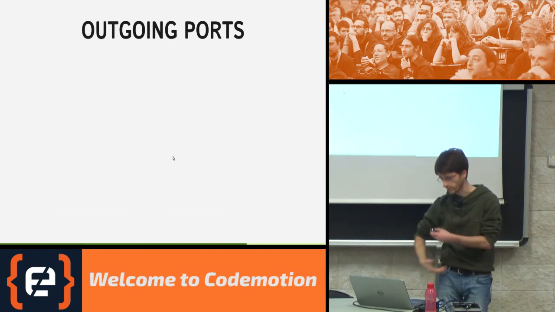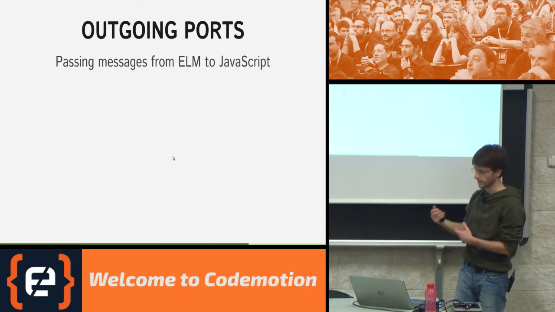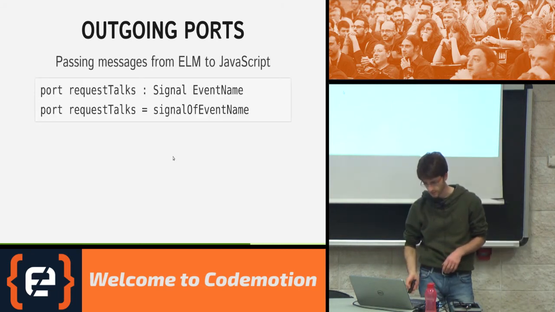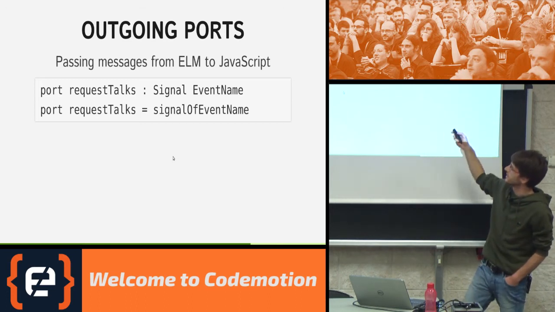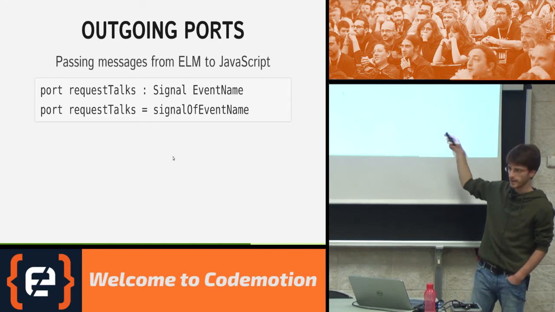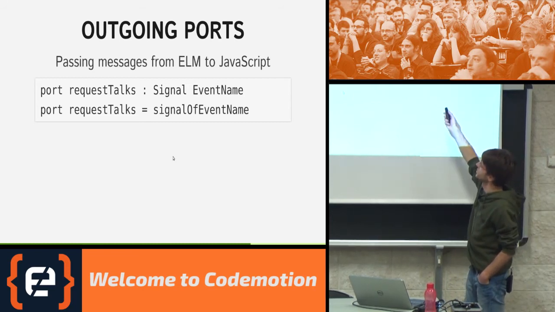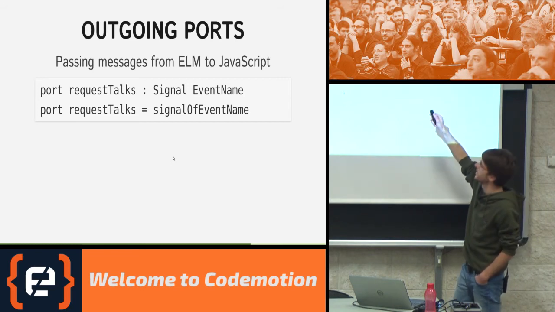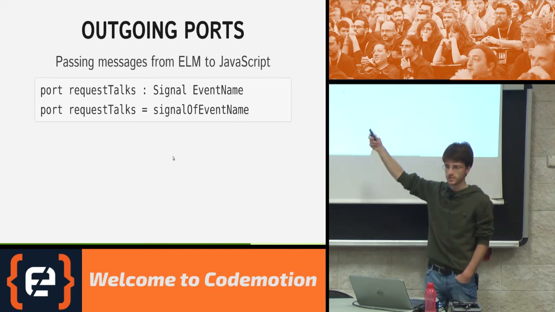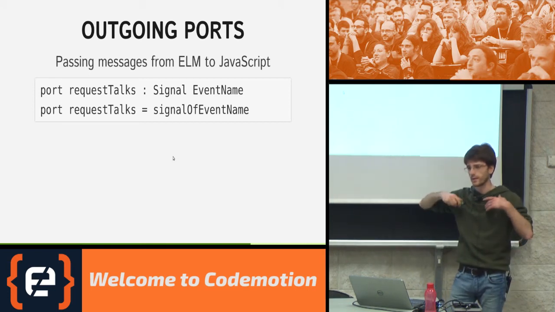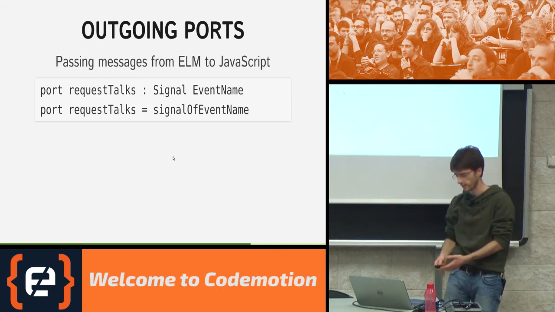If you want to do the reverse, so pass a message from Elm to JavaScript, we have outgoing ports. So still, we have a port, and this time it's a concrete signal in Elm. For example, this is a signal of a string that is defined elsewhere in Elm, and it's used for requesting talks. So now we want to make a remote HTTP call to retrieve from some API a list of talks for a given conference.